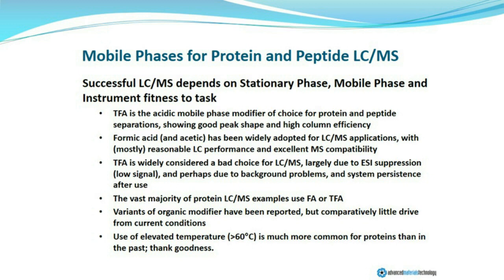One of the great improvements from my view is at least the acceptance and common application of elevated temperatures for protein and peptide separations and for LC-MS applications. And I would reiterate that in almost all of the examples we're going to look at, the operational conditions include column heating at 60 degrees or above.